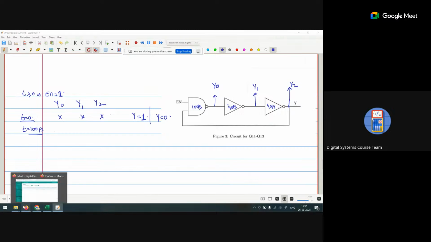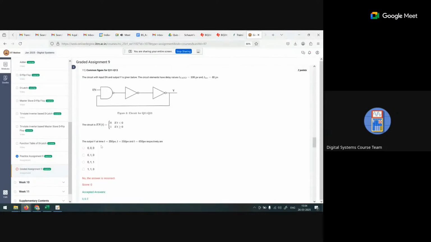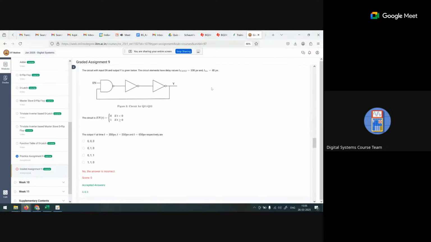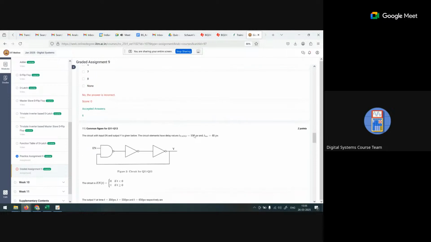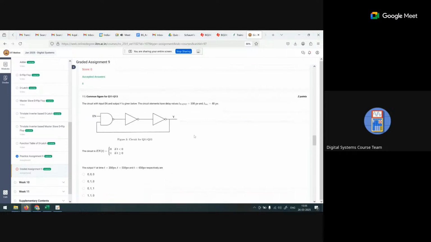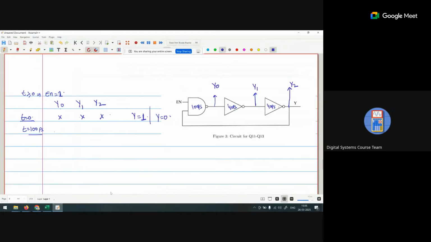It is not mentioned in the question what the value of y is, so we consider both values. After 100 picosecond, enable is 1 and at t equal to 0, y is 1 or 0.